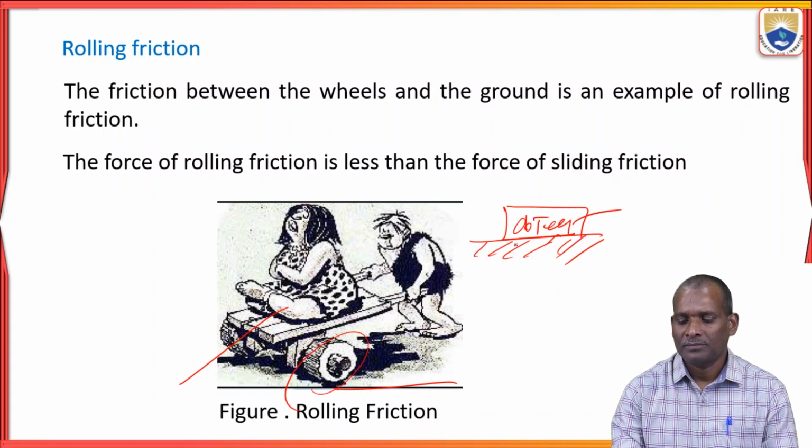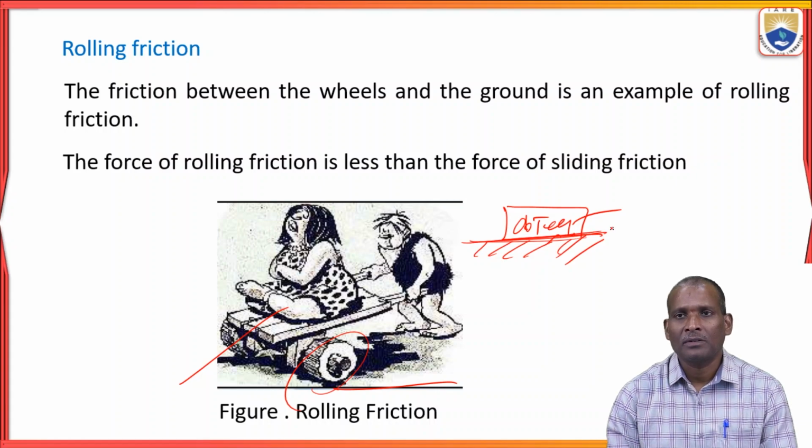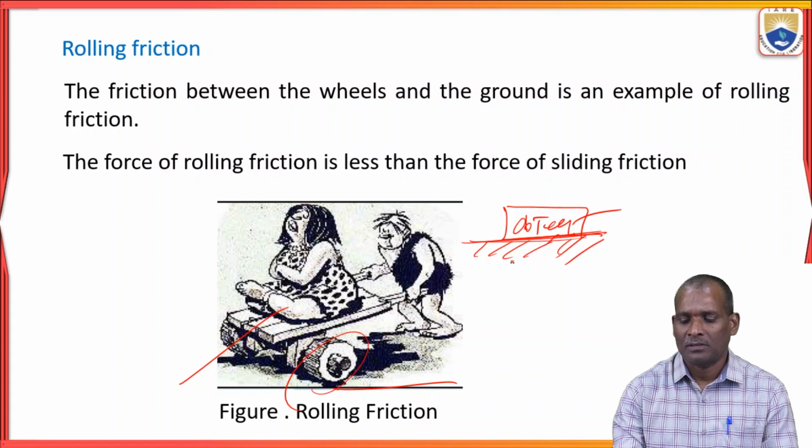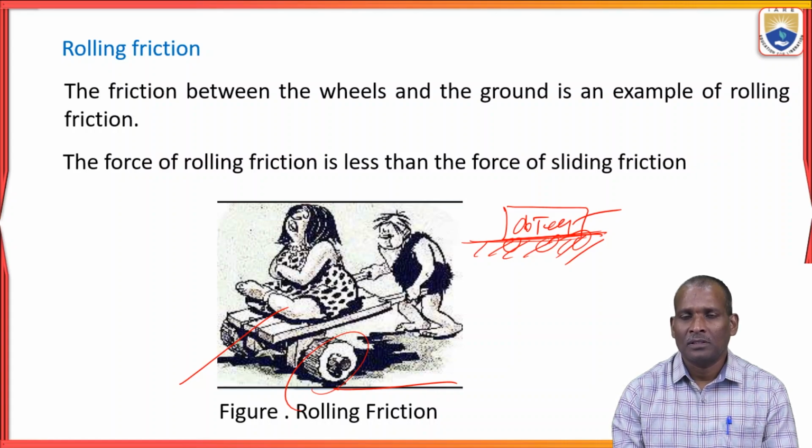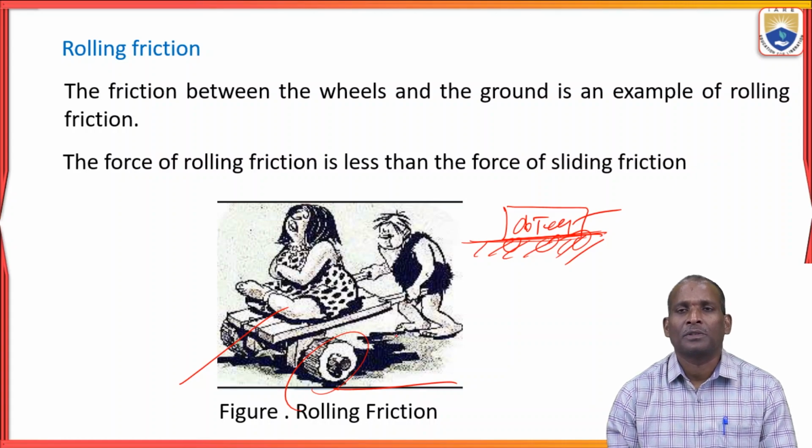There is high friction between these two. Instead of this surface, if you use rollers in between, the force of rolling friction is less than the force of sliding friction. So it is very easy to push the object when compared to sliding.